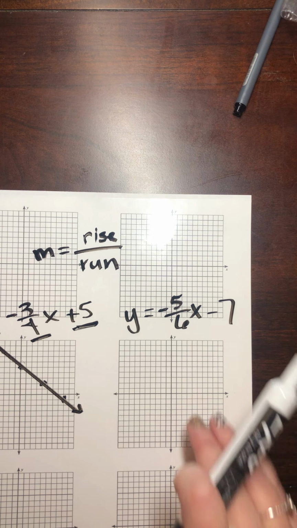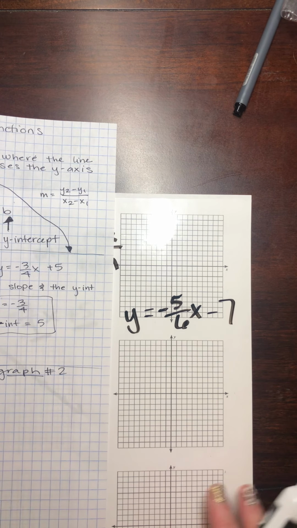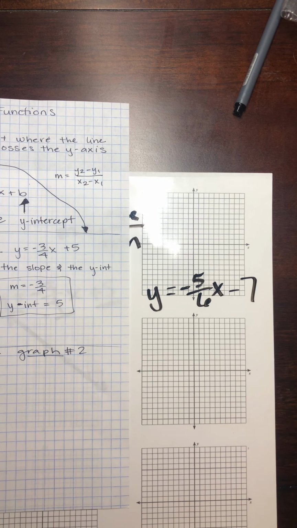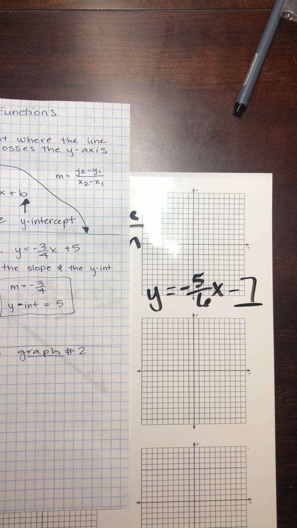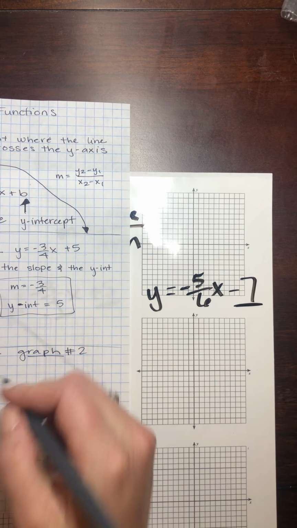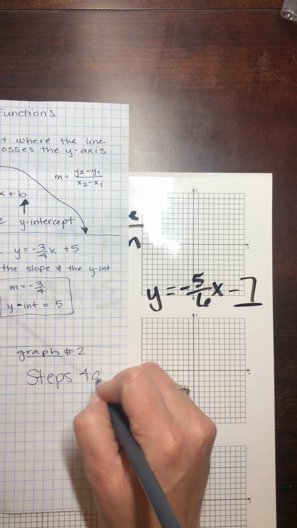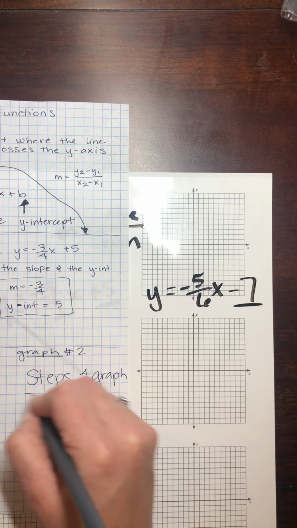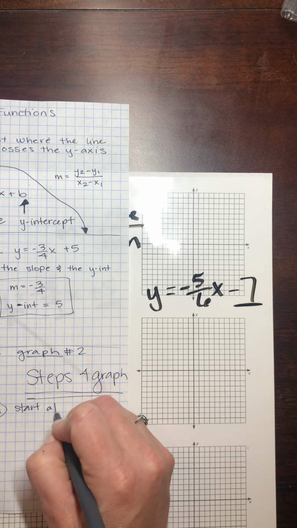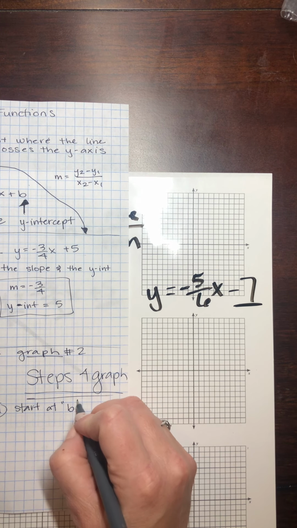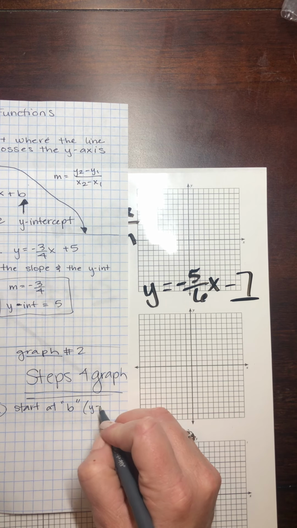And this time while we do it, we're going to make some steps. I'm going to slide my notes over. Step 1 is to start at the y-intercept. So to graph, start at b, which is the y-intercept.